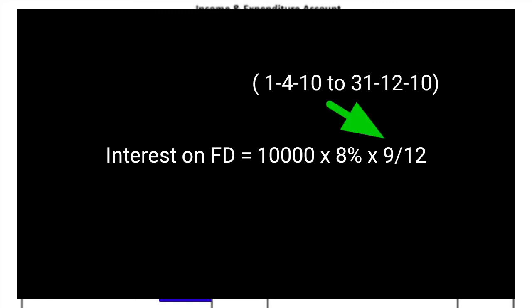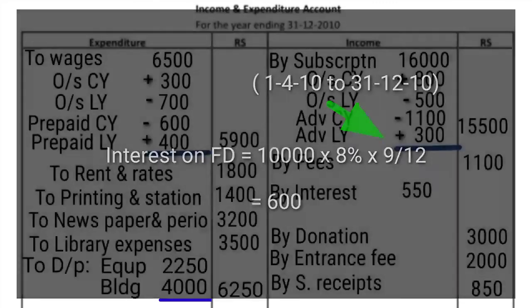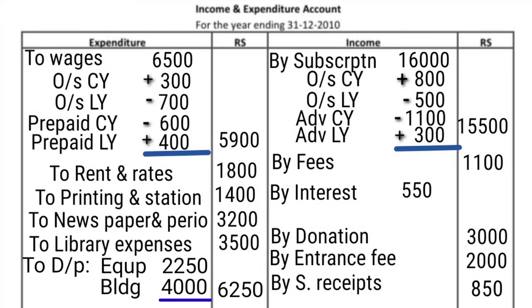So into 9 by 12, that's equal to 600. Total interest is rupees 600, but here we received only 550, right? So 50 rupees is outstanding at the end of the current year.